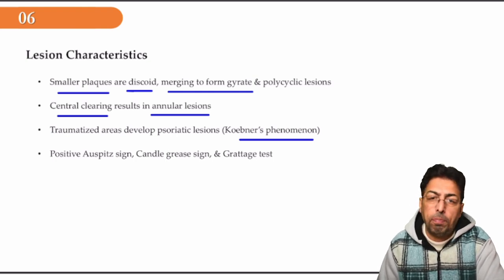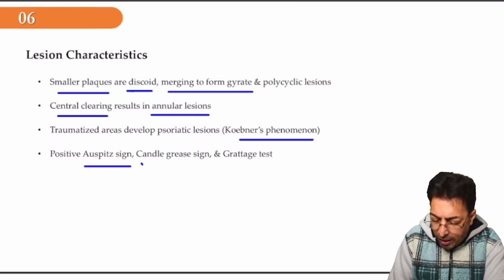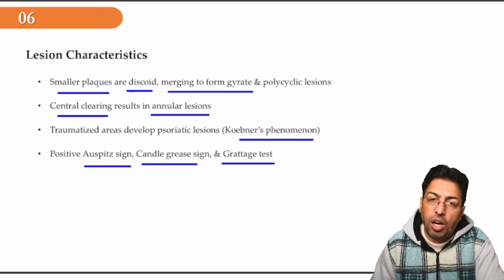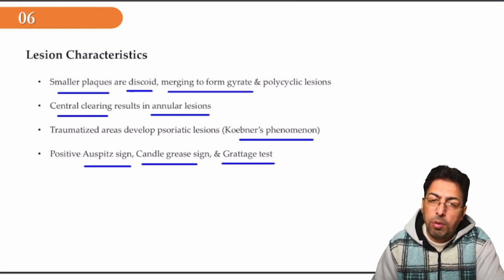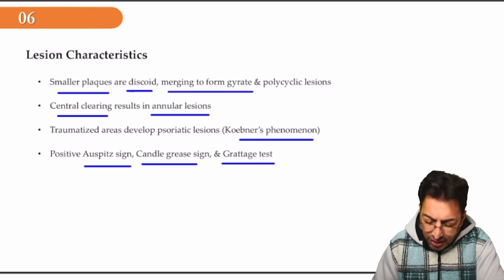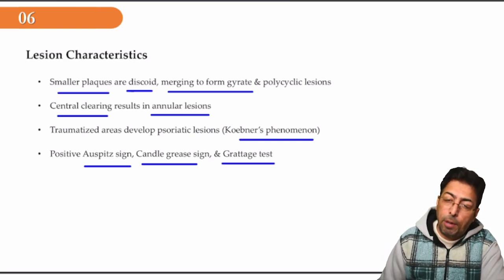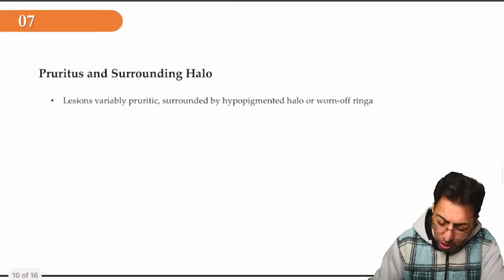Psoriasis has many eponyms associated with it: the positive Auspitz sign, the candle grease sign, and the grattage test, which have almost the same mechanism, but you have to remember those eponyms, along with the Munro microabscesses I mentioned in the pathology.